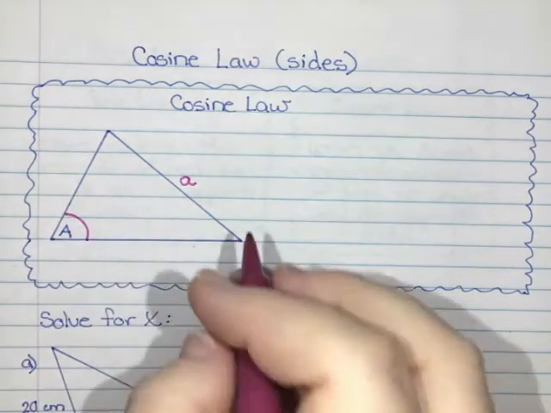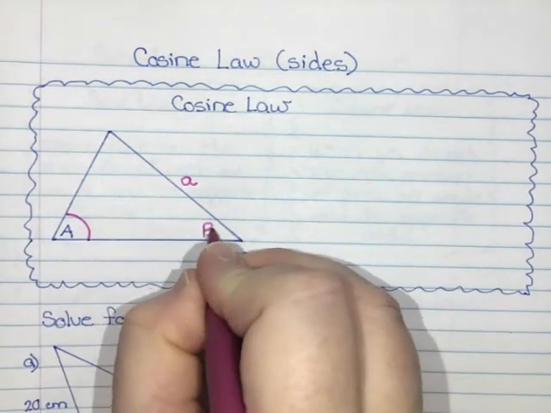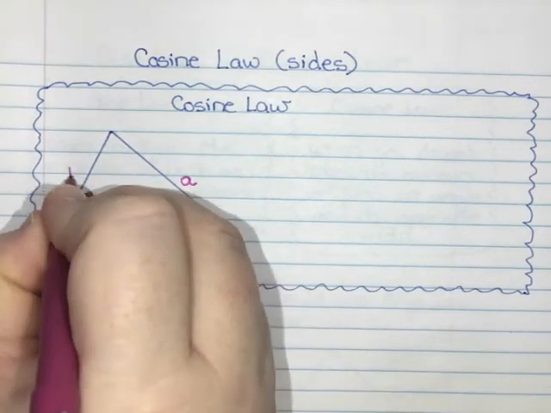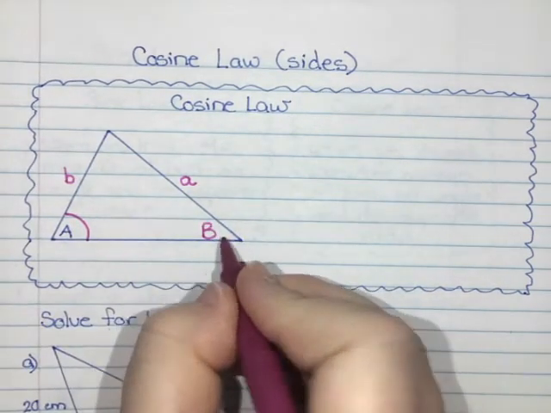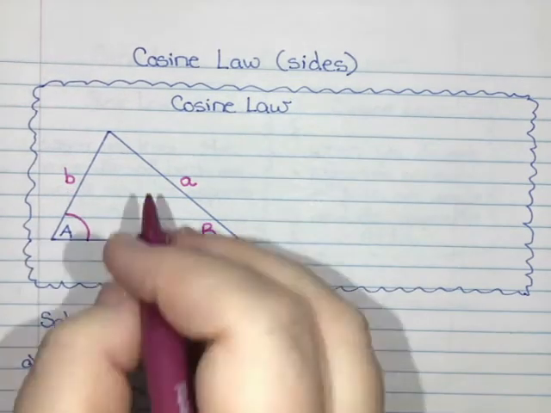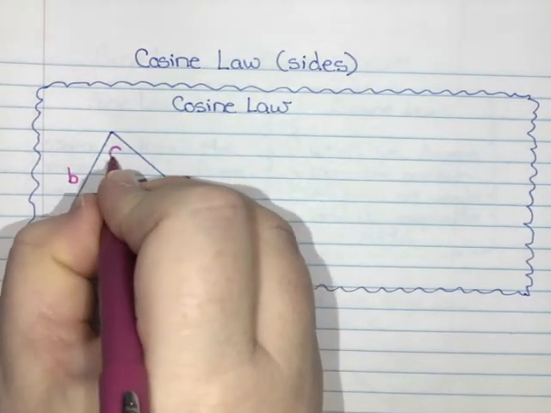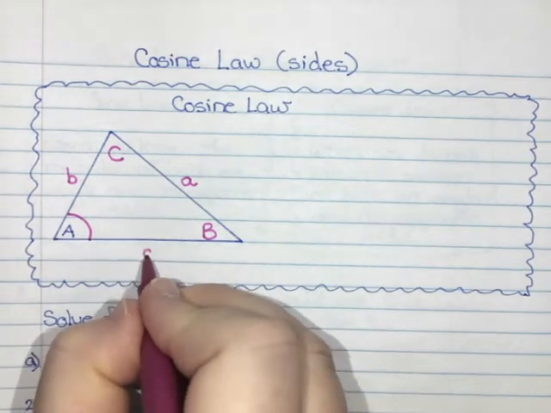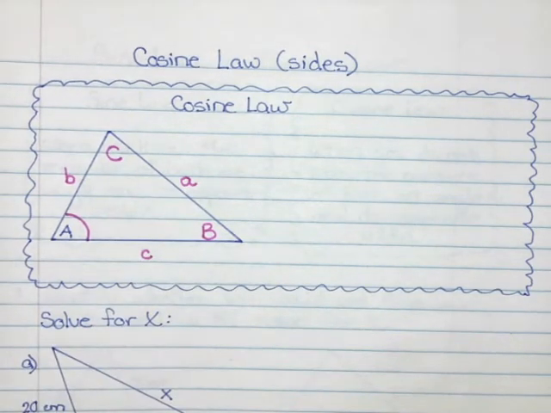And then you can pick one of the other ones. I'm going to call this one B. Across from angle B is side B. You'll notice I used an uppercase for the angle, a lowercase for the side. And then if I call this angle C, that's a capital C, and then across from that is a lowercase c for the side.